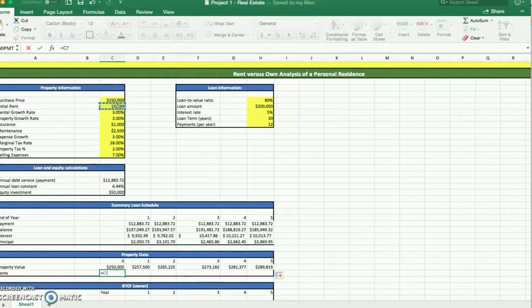Then you do 1 plus the rental growth rate, and go back and lock in that variable to be able to drag it.